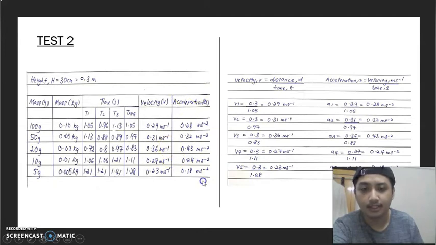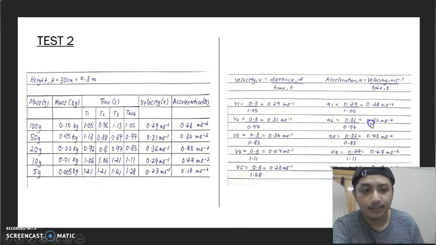Same goes for the acceleration based on the formula velocity over time. So the velocity we got already. This is the velocity that we got, over the time, this is the average time. So velocity over time, the first acceleration for 100 gram is 0.28.